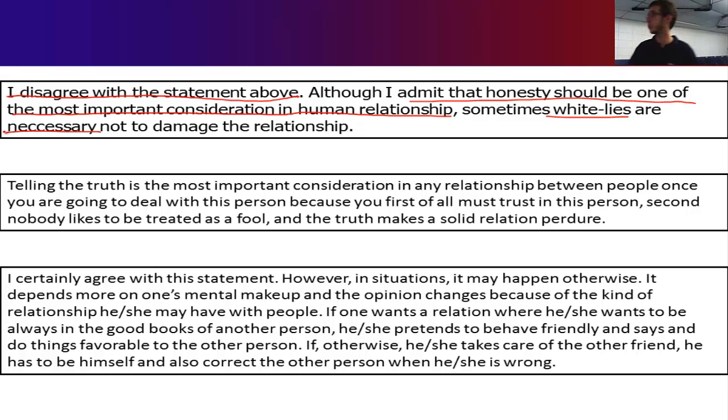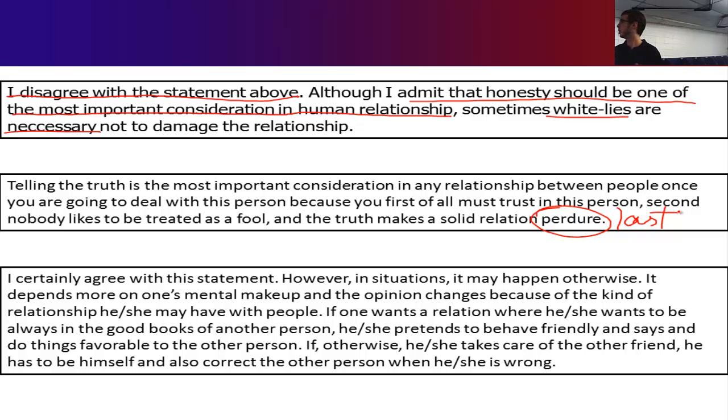You can see here that this person made a small mistake in his essay with the word perdure, which I presume is not English. I think he would want to use the word last. Solid relationship, last.